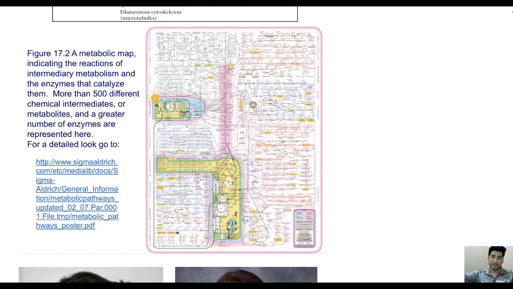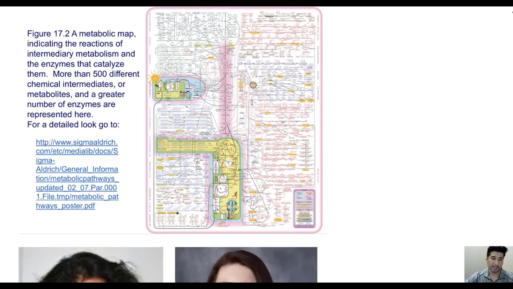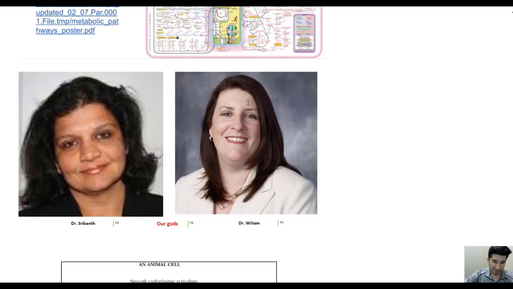So essentially, going back to the whole monkey and the flower thing, the way that these biochemical processes happen in the monkey is the same way that they happen in the flower. If you took Biochem 1 or Bio 1 and Bio 2 here at UTD, then you've had the pleasure of meeting Dr. Shrikant and Dr. Wilson.